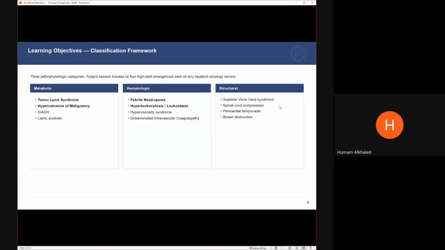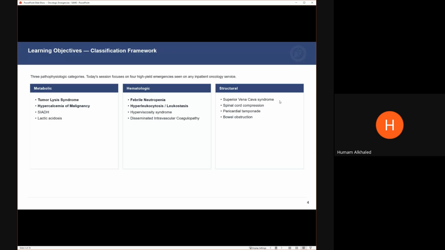Just a quick overview. I want to orient you to where we are in the bigger picture of oncologic emergencies. These are grouped into three categories. There's metabolic, hematologic, and structural. Metabolic, these are the tumor lysis syndrome, hypercalcemia, SIADH, and lactic acidosis.